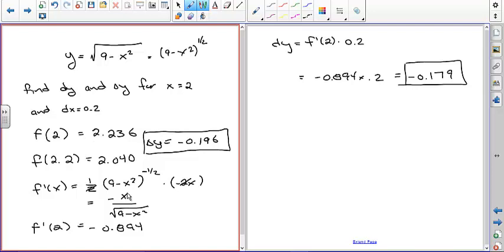And then I take the derivative. Don't forget to use the chain rule. So you cancel out the 2's, you get a negative x, and you move that to the denominator. And you plug in negative 2 divided by the square root of 5, and you get that. And then dy is f prime of 2 times dx, and you get that.